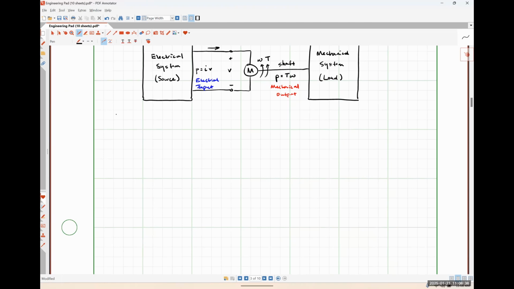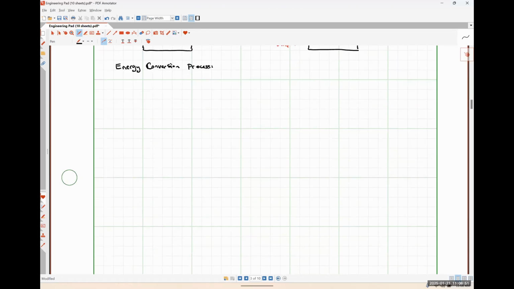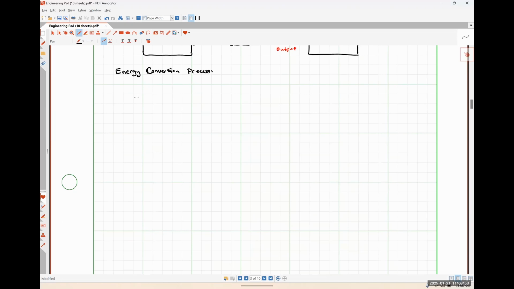So for this system, our energy conversion process looks something like this. So over here on the input side, we have our electrical system.